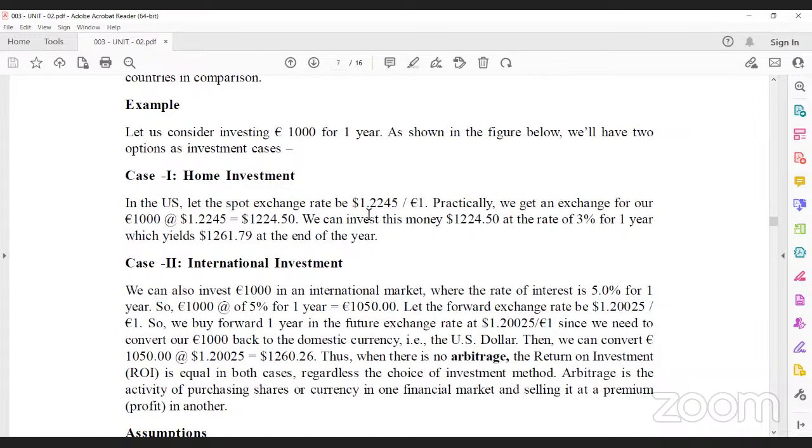Practically, we get an exchange for our euro 1,000 at $1.2245, which is equal to $1,224.50. We can invest this money at the rate of 3% for 1 year, which will yield $1,261.79 at the end of the year.